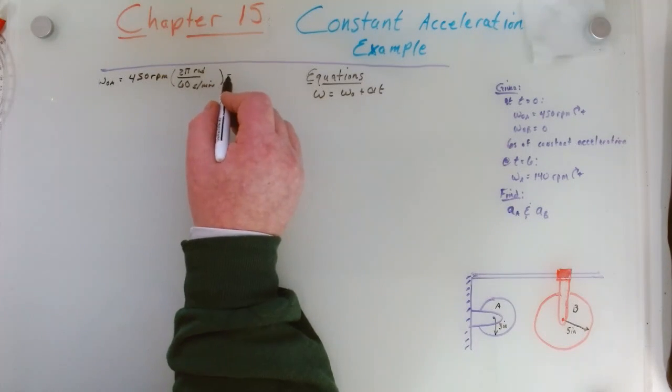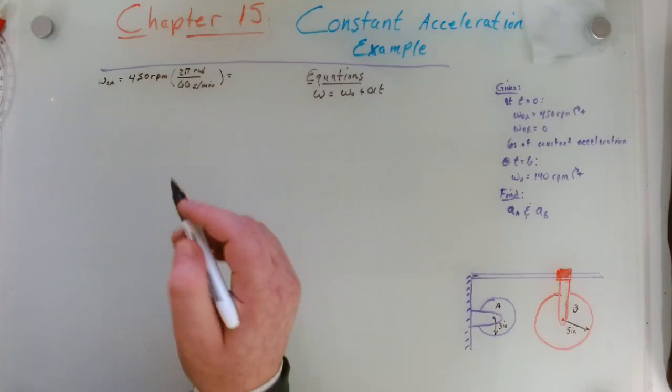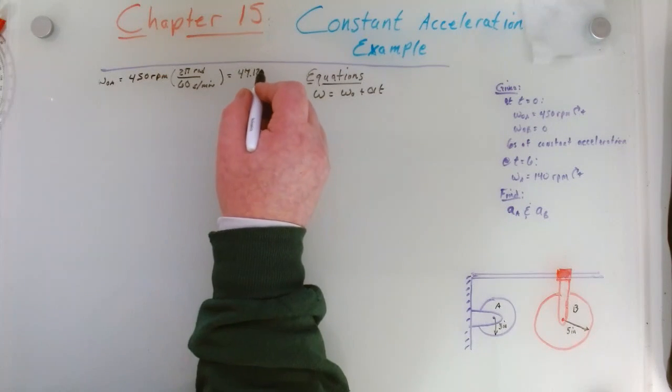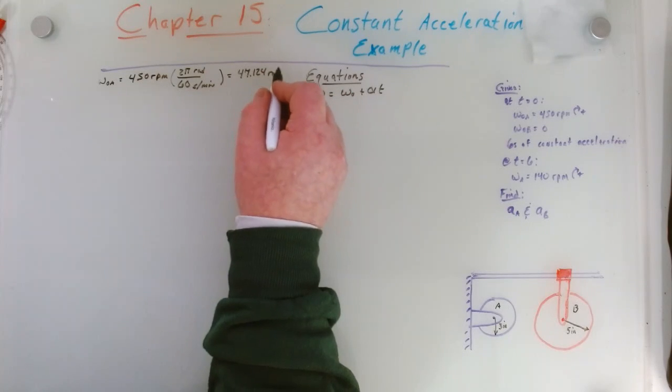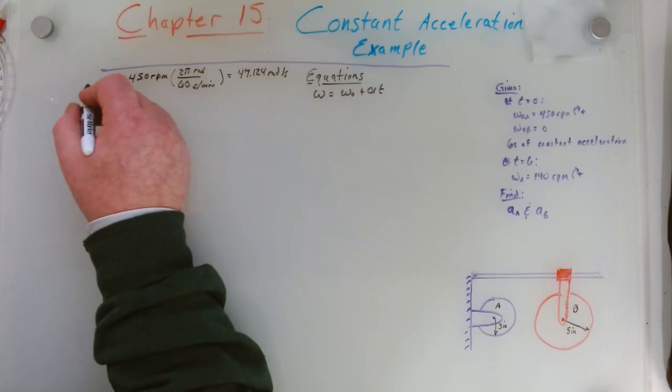And that gives us 450 times 2 pi divided by 60, and I get 47.124 radians per second. And that is in the clockwise direction.